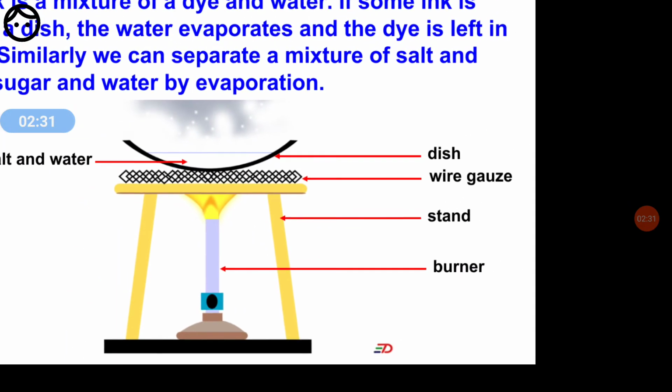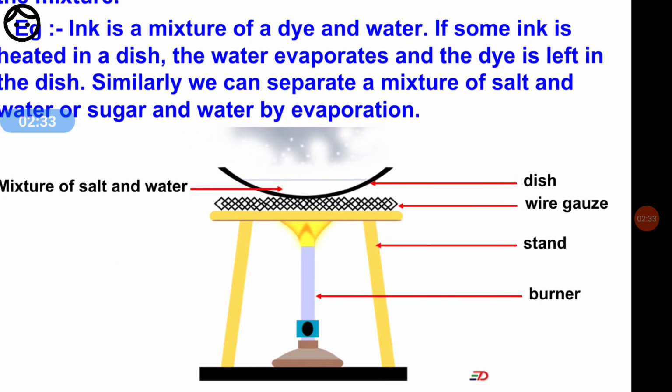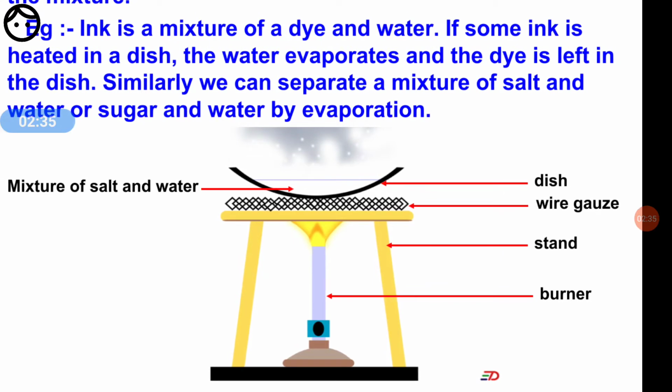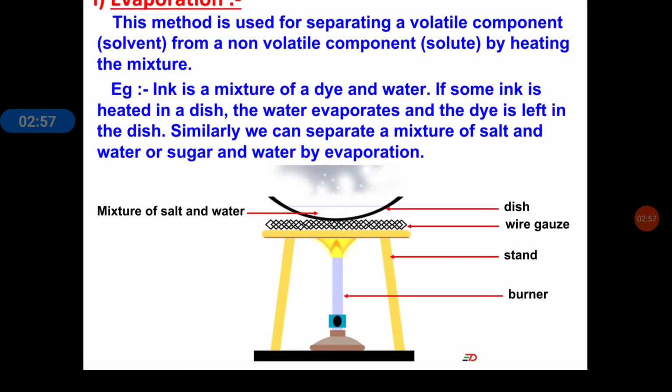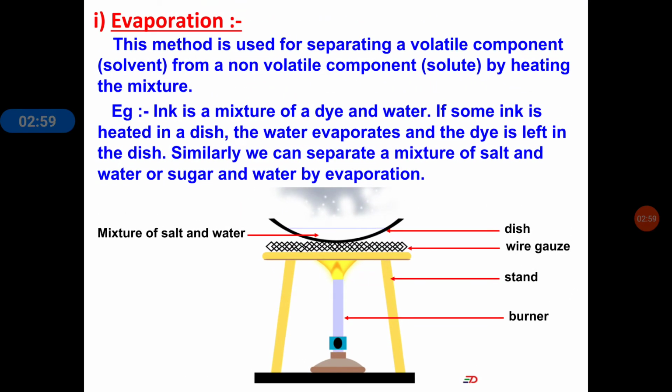You start heating this mixture. After some time you find that the water present in the mixture starts evaporating, and after evaporation the water gets converted into vapors and gets separated from the salt. So in this way we can separate the mixture of salt and water, and the method for separating salt and water is called evaporation.